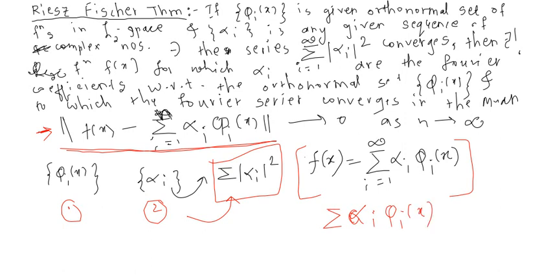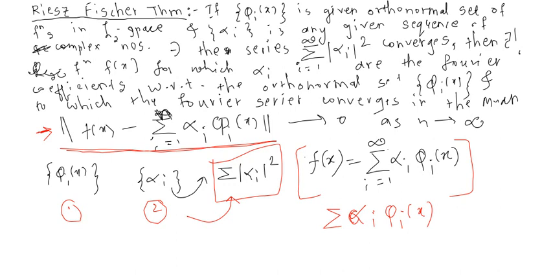Okay, and by using that same thing here, this Riesz-Fischer theorem is framed. Now the Riesz-Fischer theorem in addition to this also tells us that once this f of x becomes equal to the limit of this series, what are these alpha i's?